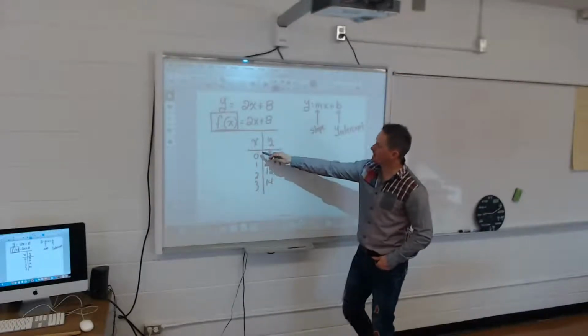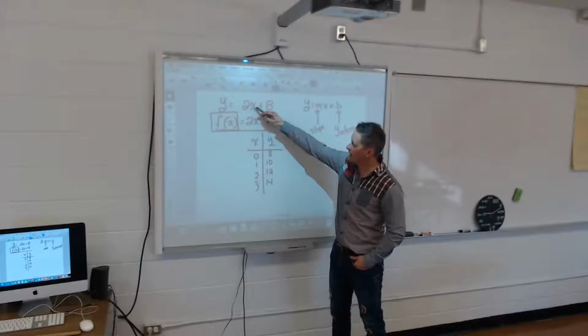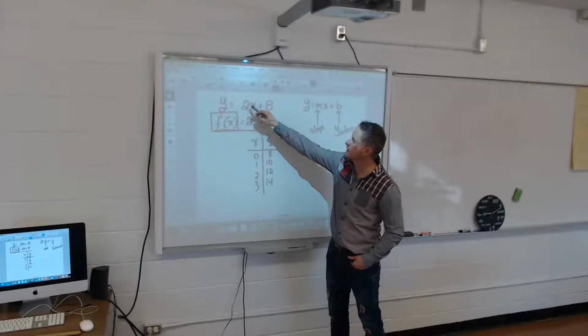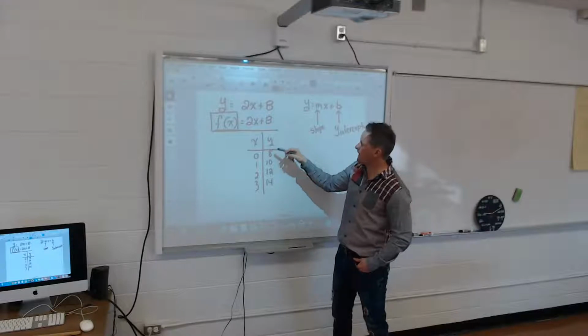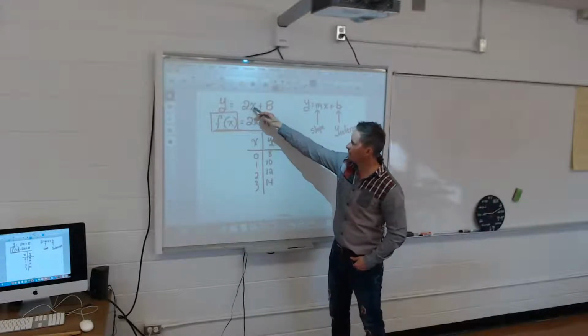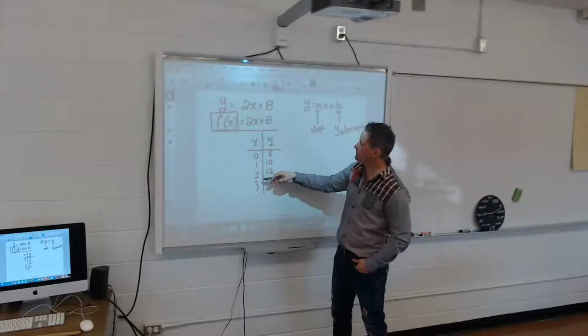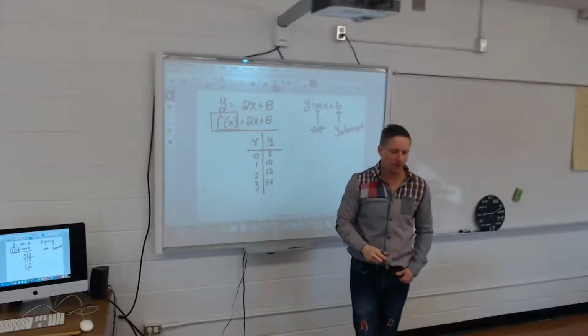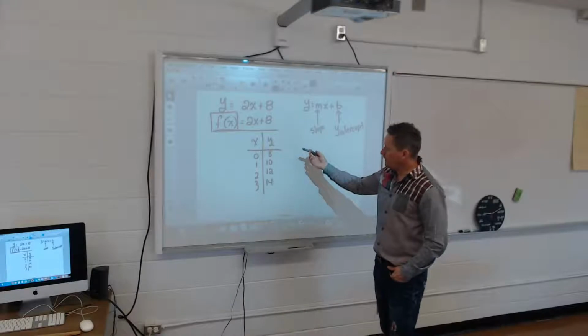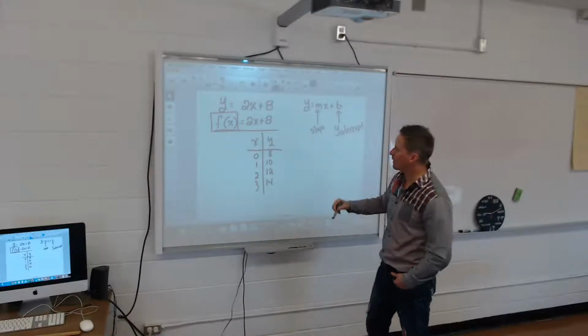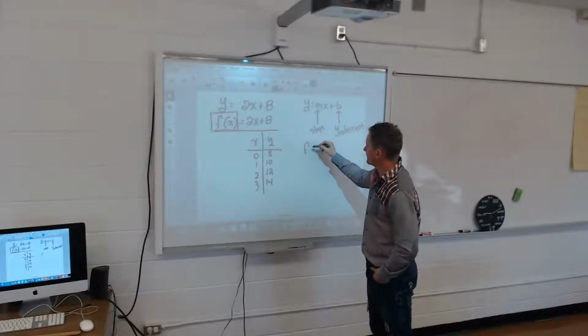What I'm doing is substituting in for x here. So I put a 0 in. 0 times 2 is 0. 0 plus 8 is 8. 1 times 2 is 2. 2 plus 8 is 10. 2 times 2 is 4. Plus 8 is 12.